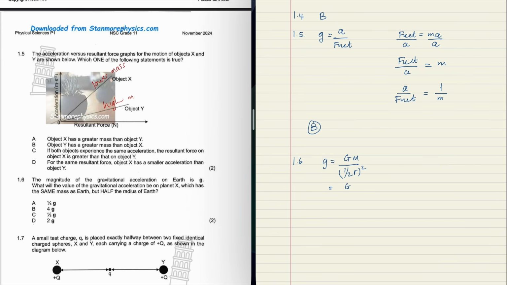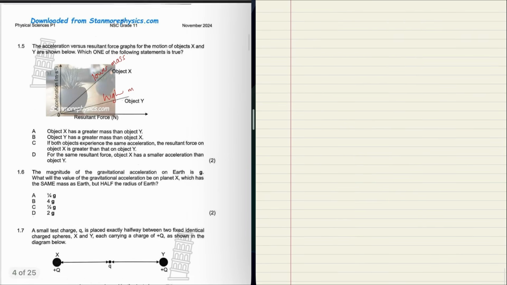That can be expanded as a quarter r squared. There is an imaginary 1 here, so 1 divided by a quarter is 4. So 4GM over r squared, which is essentially 4g. So the answer there is B.